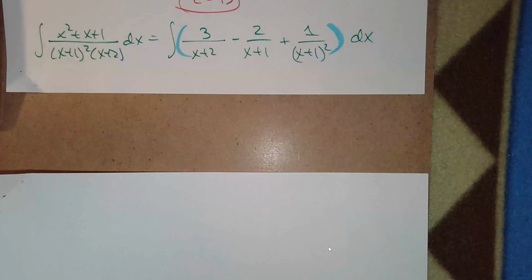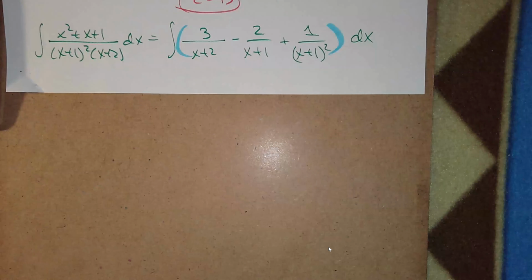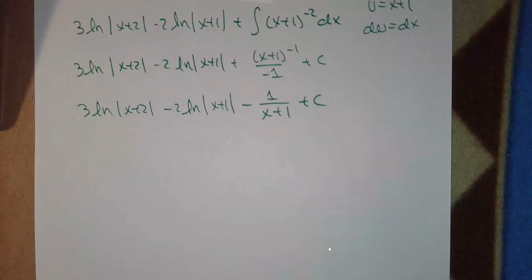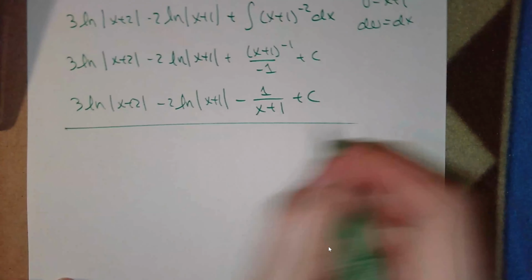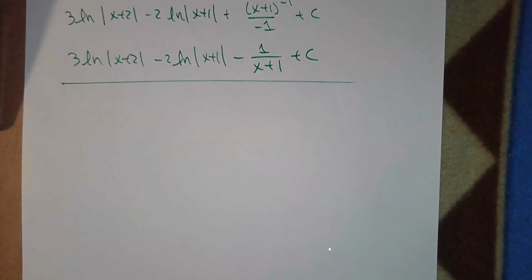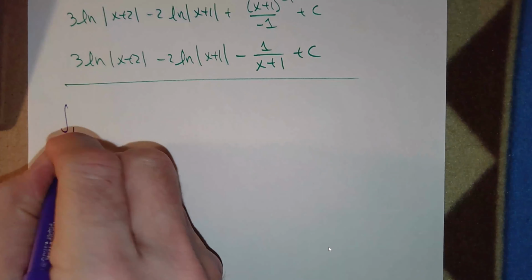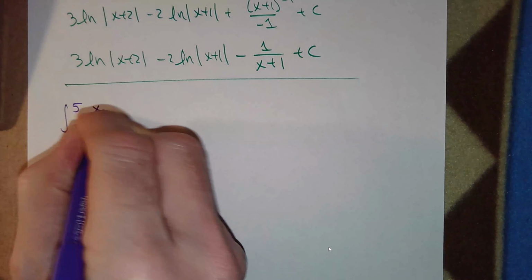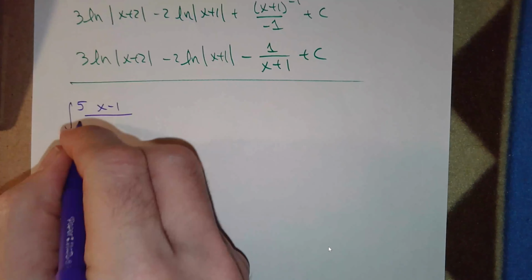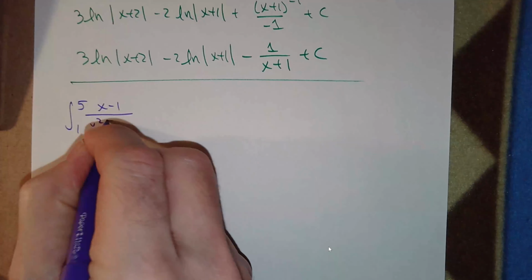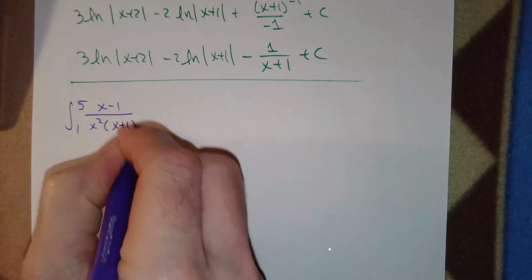All right, but the one I want to get to a little bit harder, it's going to look like this. Integral from 1 to 5 of x minus 1 over x squared times x plus 1 dx.